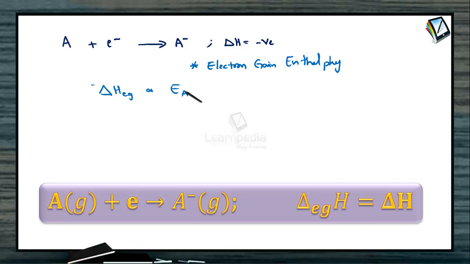So the overall enthalpy of this reaction is exothermic, and it is called the electron gain enthalpy for the corresponding process, indicated with the given reaction for the gaseous atom. By taking one electron, it forms the monovalent anion and releases energy.